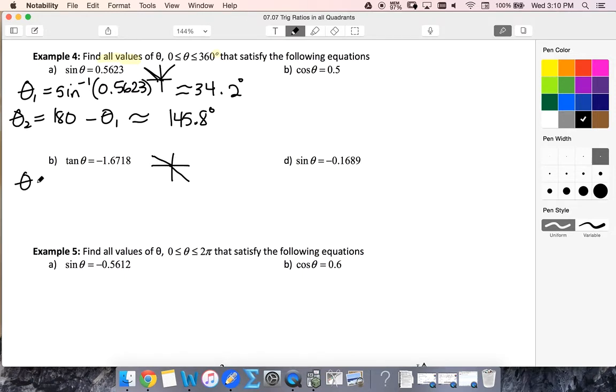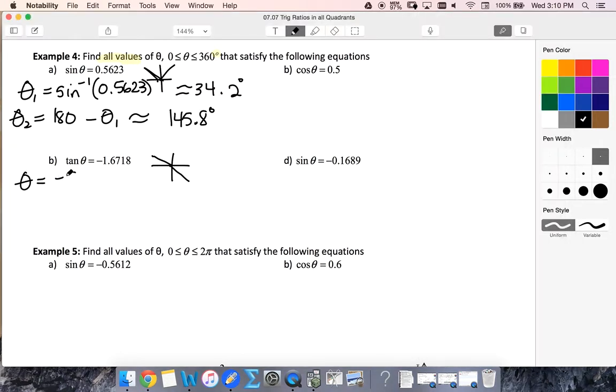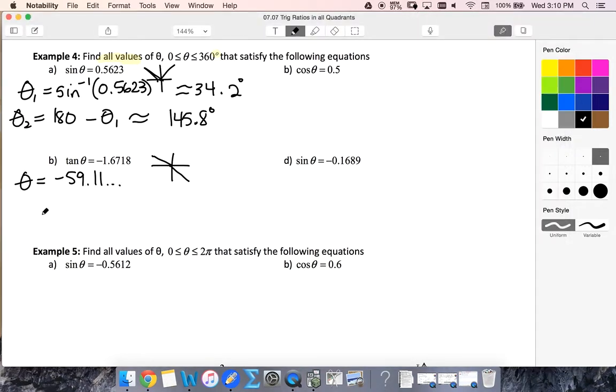So if I do tan inverse of negative 1.6718, I'm getting this negative angle here, negative 59.11, etc. Well, my first theta is going to be 180 minus that angle.